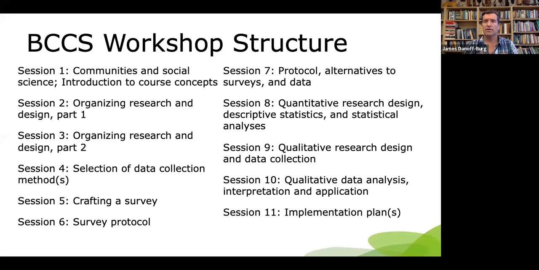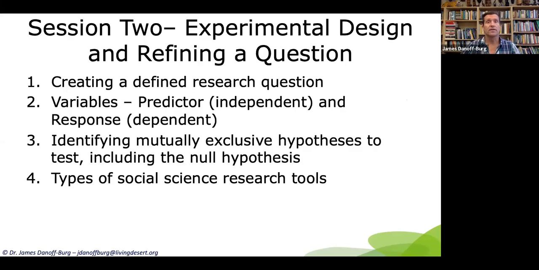Next session, we'll talk about some more aspects of organizing research, and then we'll begin the process of creating surveys and implementing the surveys, or implementing the protocol for them, testing the surveys, talking about data analysis, both quantitative for two sessions and then qualitative for 2 sessions. And then we'll talk about implementing those projects. So same session outline as we saw last time.